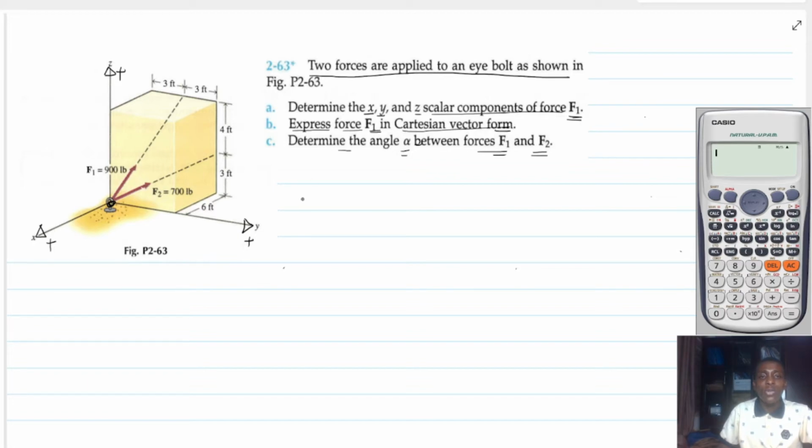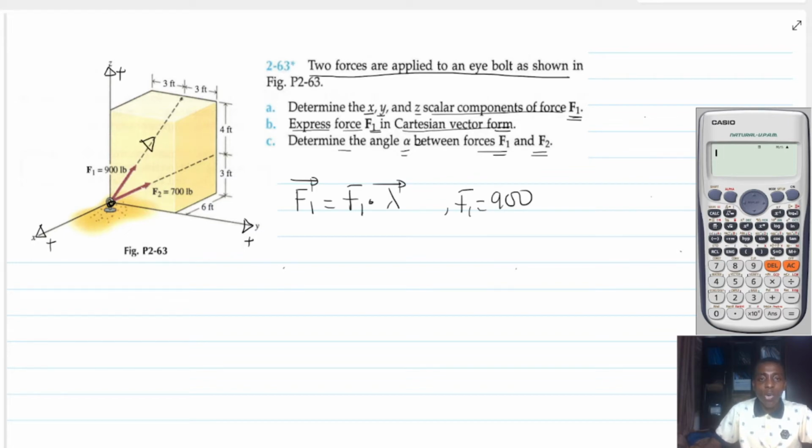So how am I going to resolve this force, in other words, get the x, y, and z components? What I will do is F1 multiplied by lambda. Technically, if I want to express this force in space, I would multiply the scalar, which is 900, by a unit vector in this direction.